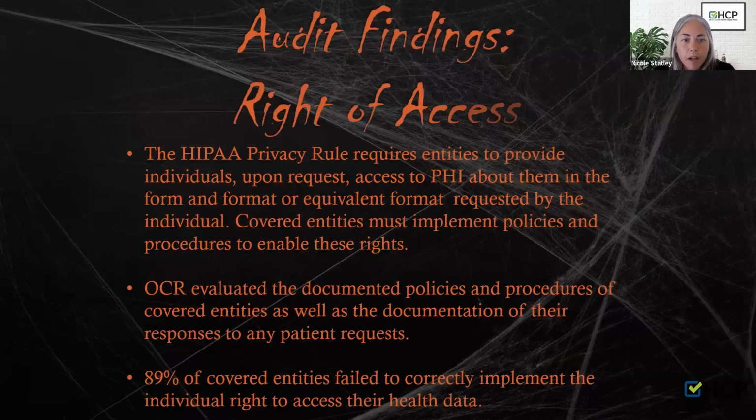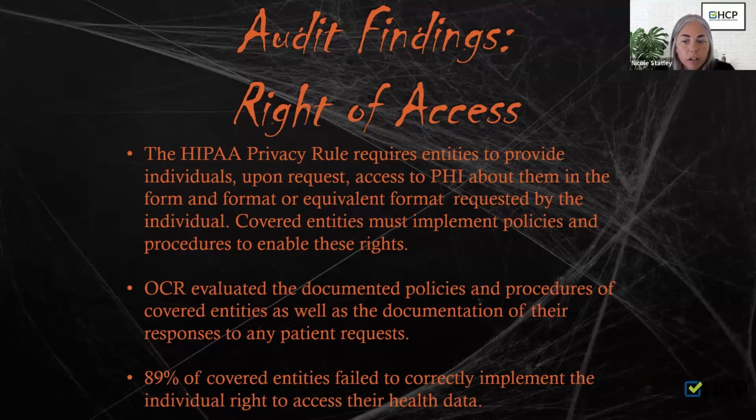All right, next up, audit findings, right of access. This is a big one. In the darkest corners of healthcare compliance, we find a story of covered entities failing to honor patients' individual rights to access their own medical records. Patients often find themselves trapped in bureaucratic labyrinths and unable to retrieve their data within the 30-day window required by law.